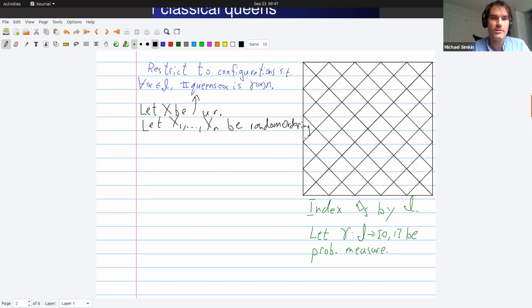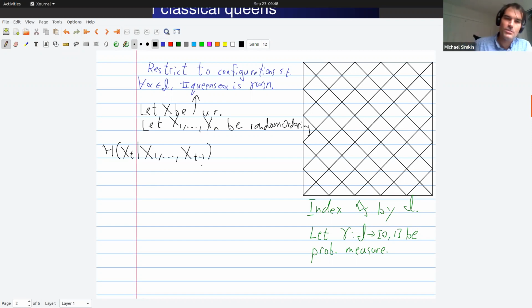And as before, what I want to do now is understand the conditional entropy in this process, where I reveal the queens one by one, x1, x2, x3, and so on. I want to understand the conditional entropy of xt, given that I know that the previous queens have already been revealed.